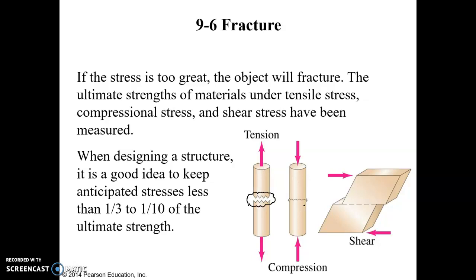Compression members can be a little bit more tricky because many compression members are slender enough that they actually buckle or bow out to the side before they actually crush. But let's ignore that for now and say this is short and squat enough that it's not going to buckle. Then compression failure is simply crushing. The material itself is crushed.